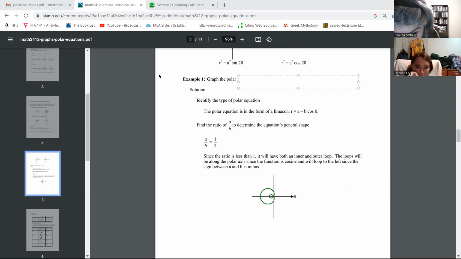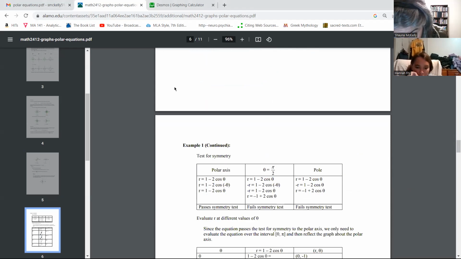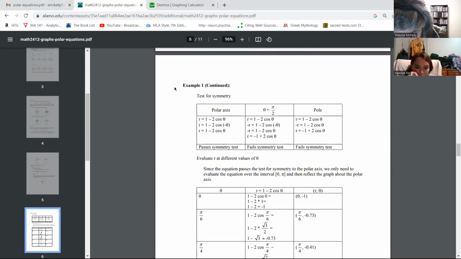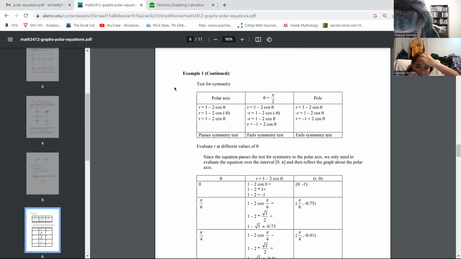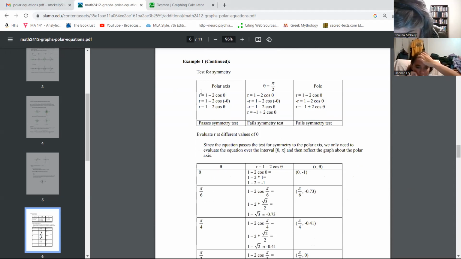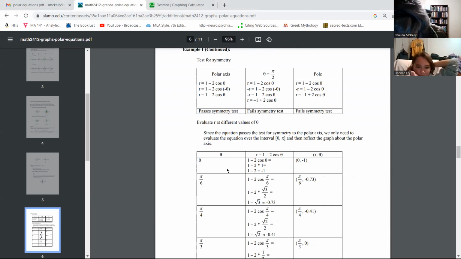Let's scroll down. So here she gives you the angles. So she's putting in some angles. Okay. She does the symmetry test. Don't worry a whole lot about this. This is useful, but it's probably beyond where you are. Focus on this.